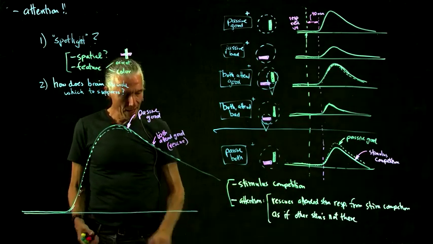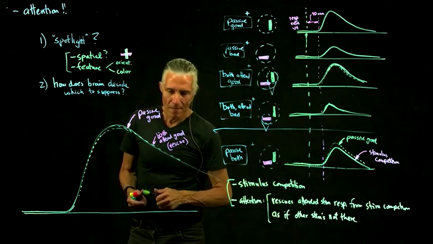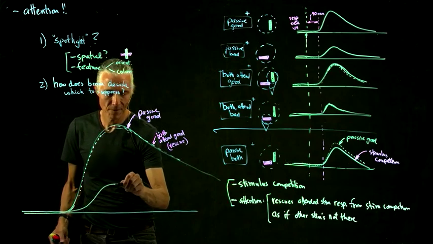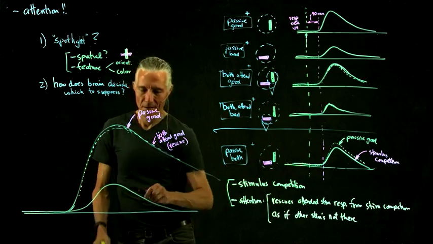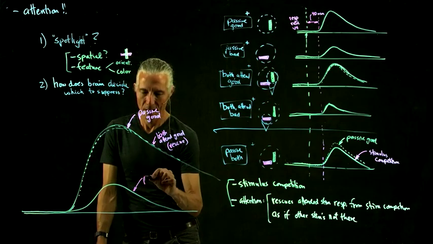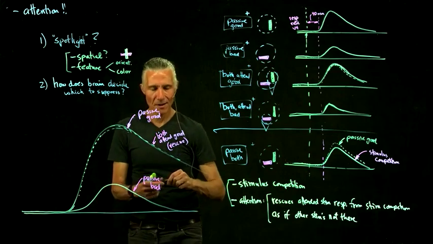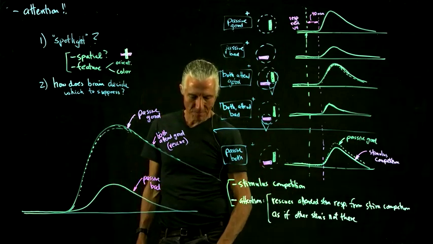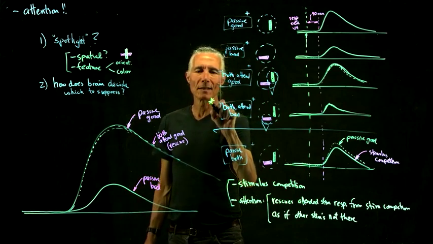So now let's plot on here passive bad. So here's passive bad. And then our key plot is both attend bad. So what's going on in this case?